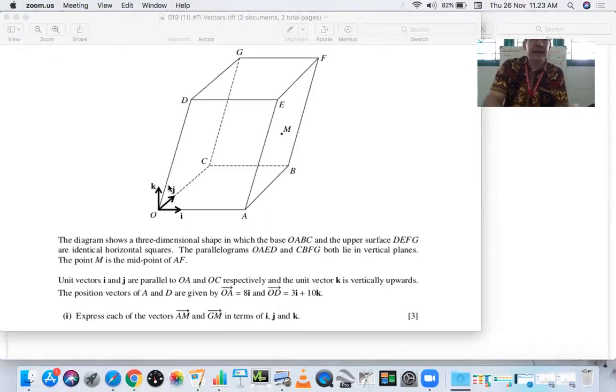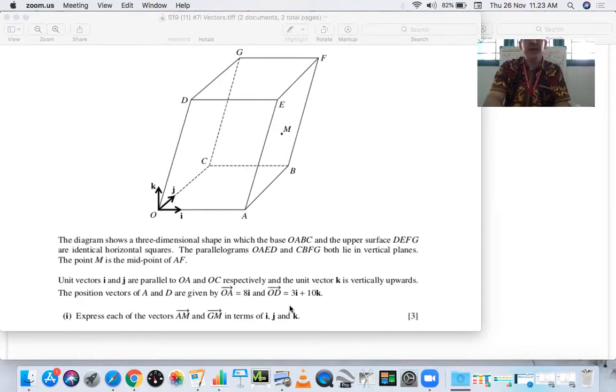The unit vectors I, J, and K: I and J are parallel to OA and OC respectively. K is not parallel here. It's its own axis, but I and J are parallel to this square, and unit K is vertically upwards. The position vectors A and D are given by OA is 8I, so it means it's 8 I lengths long, and I is 1, so this is 8 here, and this is a square, meaning we have 8, 8, 8, and 8, both in the bottom as well as in the top.